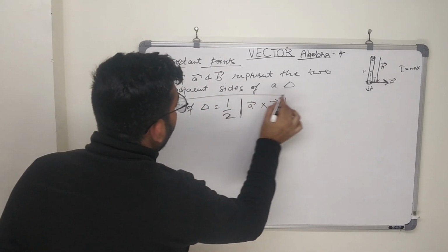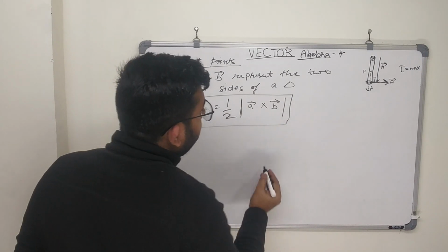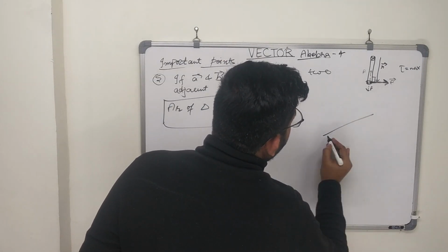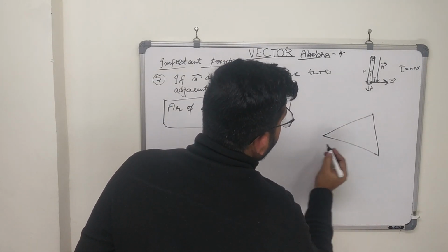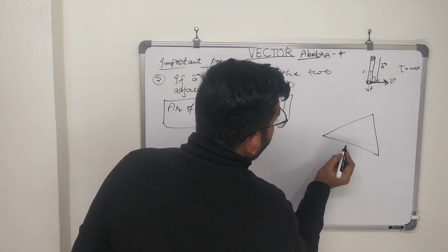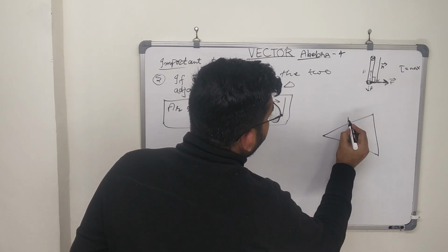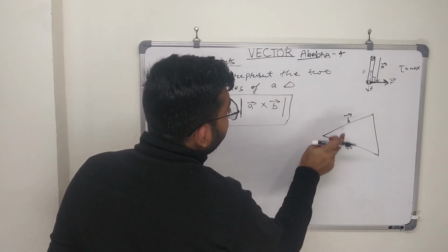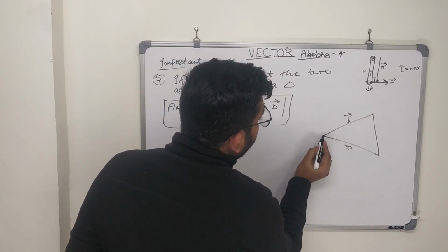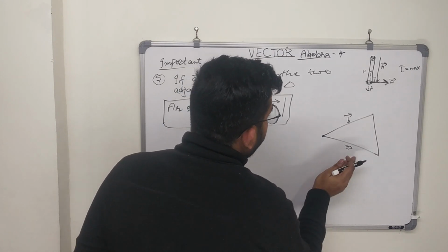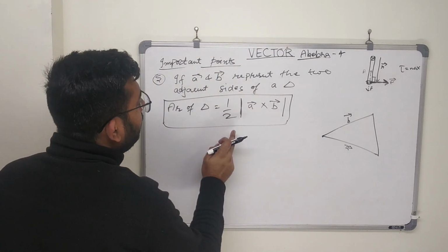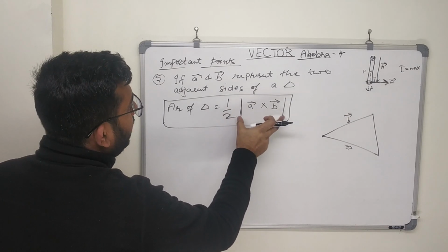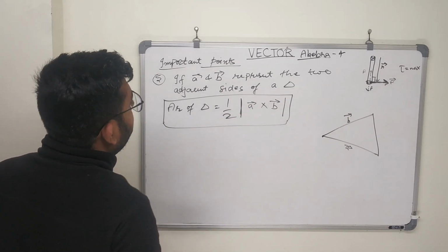So this is the formula when, suppose that this is a triangle and this is A vector and this is B vector that represent the two adjacent sides of the triangle. In that case, the area of the triangle will be equal to half of the magnitude of A vector cross B vector.